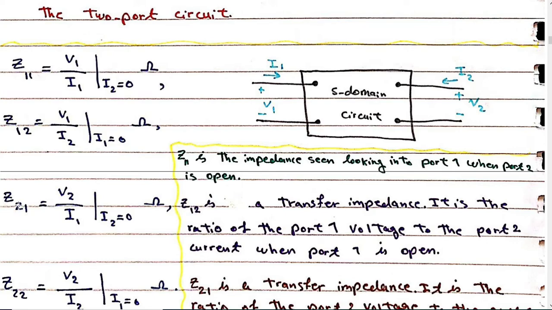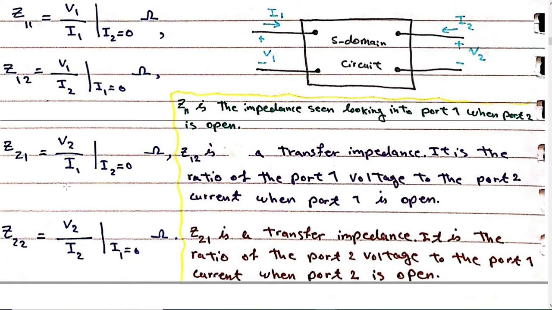After that, Z21 is V2 divided by I1 when I2 is 0. Because this is V2 divided by I1, we call it transfer impedance. And because I2 is 0, it means port 2 is open.